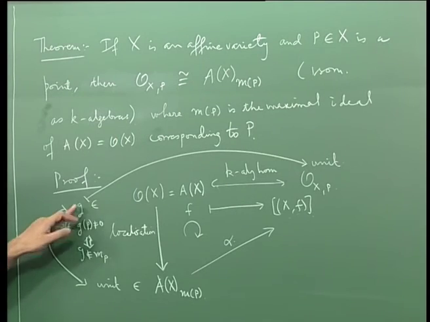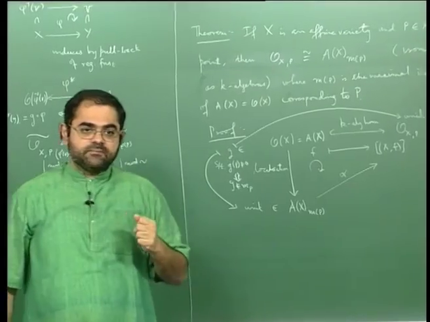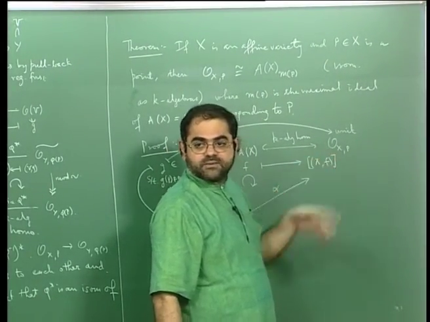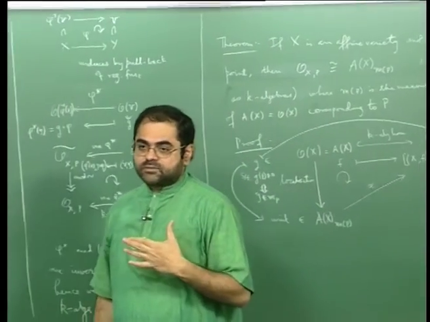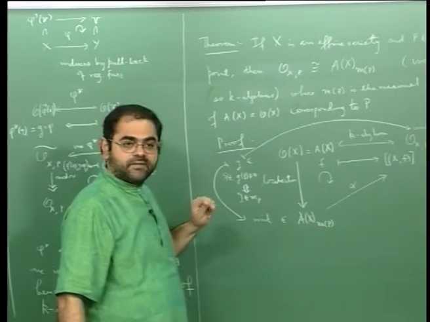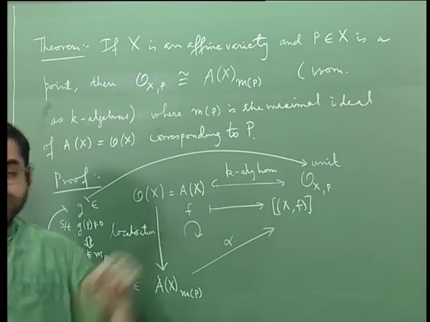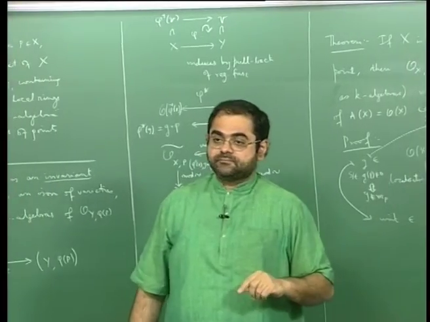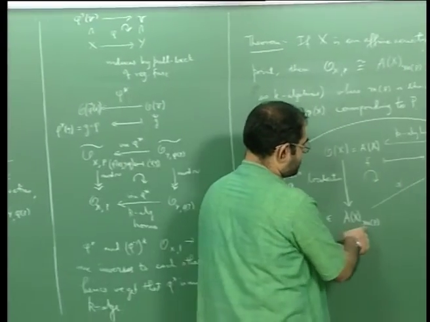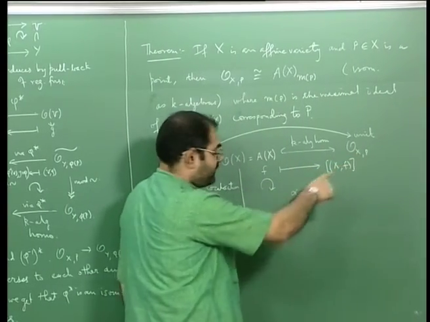Because g will go to the germ of (X, g), but the germ of (X, g) will not belong to M_{X,P}, which is supposed to be the germs of all those regular functions which vanish at P. But g does not vanish at P, therefore the germ of g in the local ring corresponds to an invertible element, a unit. So every element outside the maximal ideal M_P is going to a unit here.